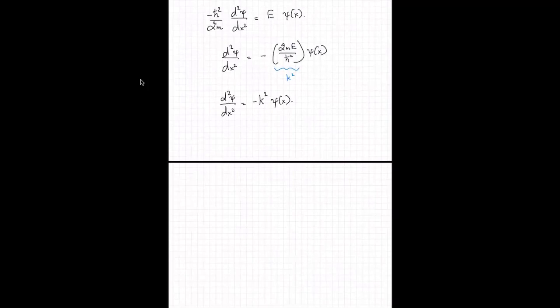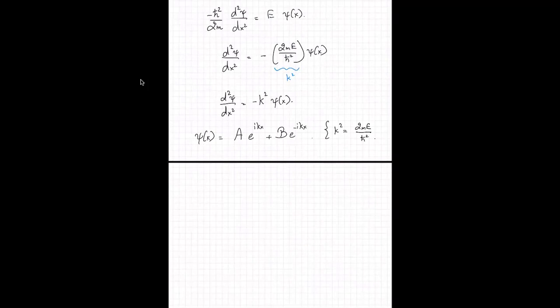It's very, very simple, and obviously everybody knows this. The solutions are either sine kx plus cosine kx or e to the ikx plus e to the minus ikx. I will choose the e to the ikx route. So I will write the solution to this equation as psi of x equals A e to the ikx plus B e to the minus ikx, where k squared, I remind you, is 2mE over h bar squared.